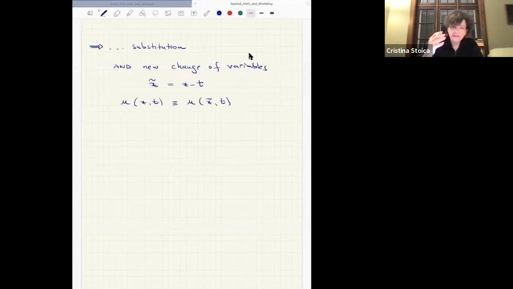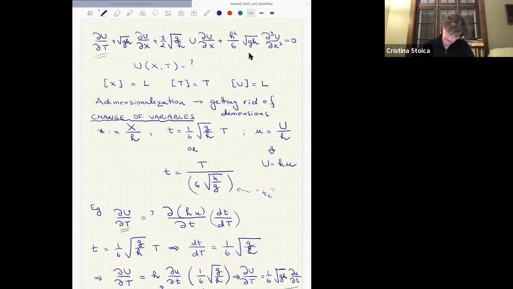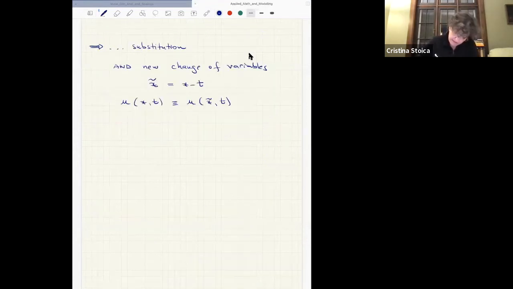So essentially it is about changes of variables. Let's see if I did it right. So this is little x, that's correct. After all this substitution and change of variables, we end up with the following equation.